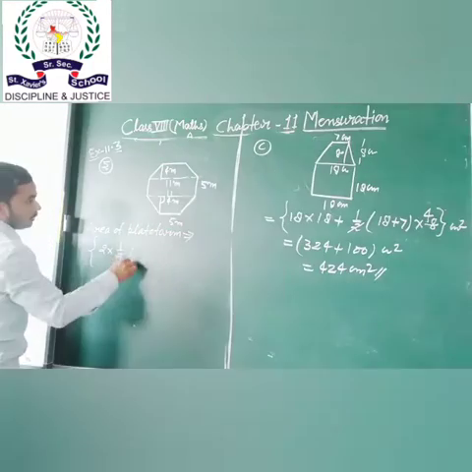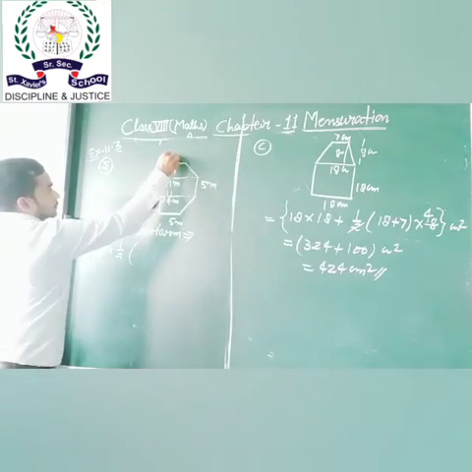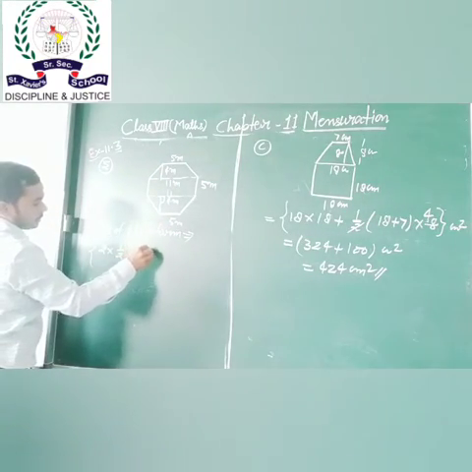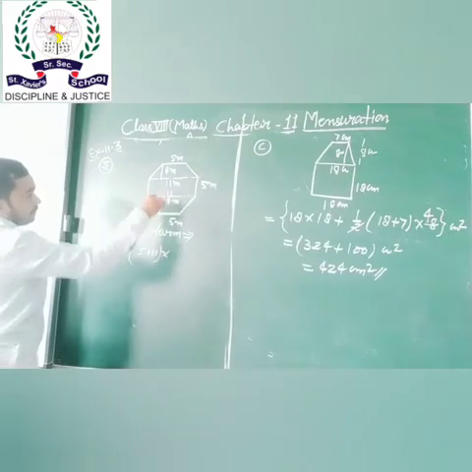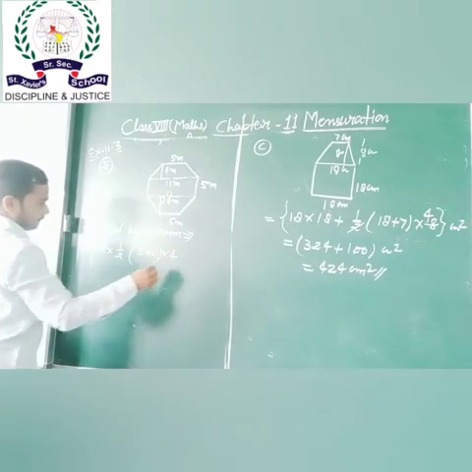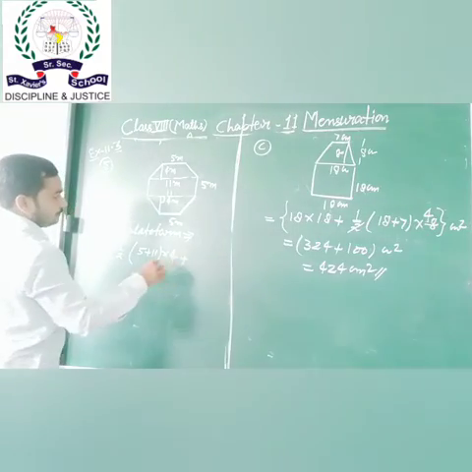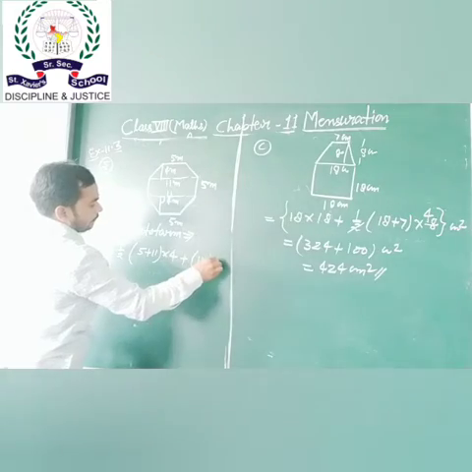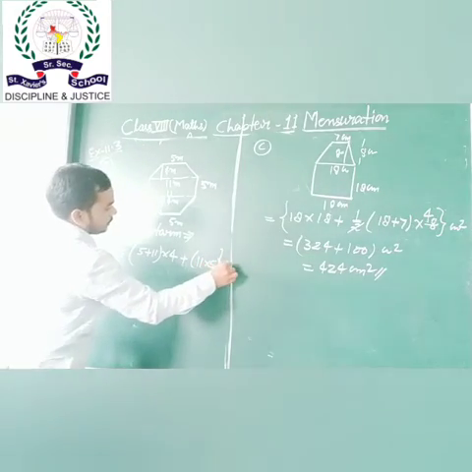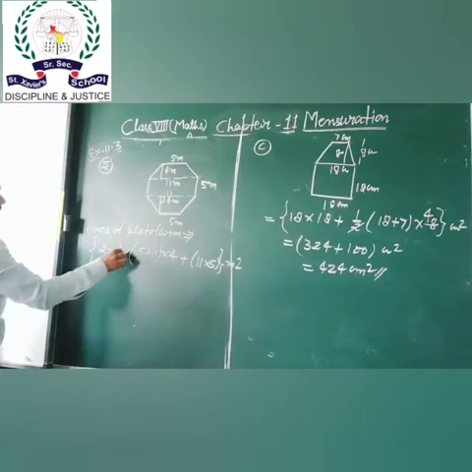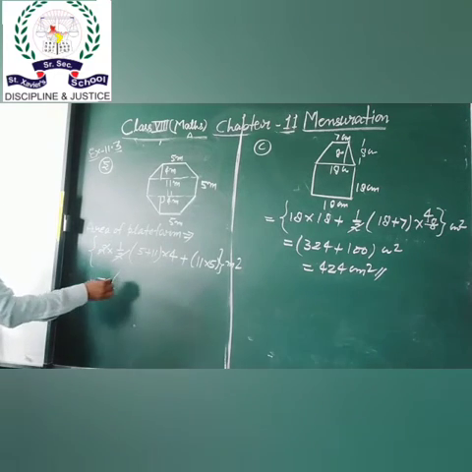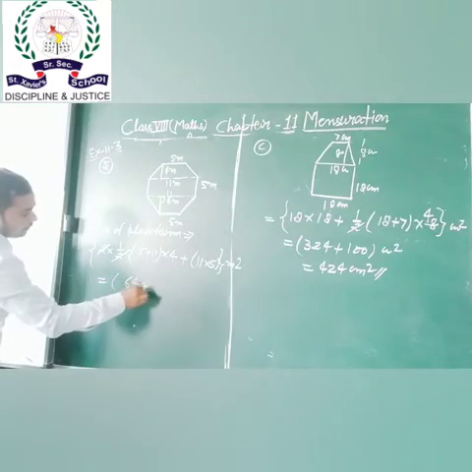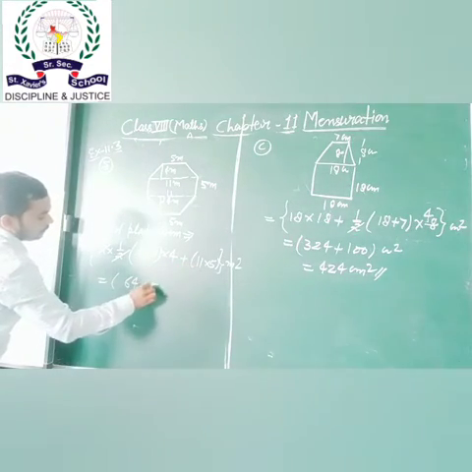So 2 into 1 upon 2, sum of parallel sides, 5 plus 11, and the distance between them is 4. 16 fours are 64, plus 11 fives are 55.